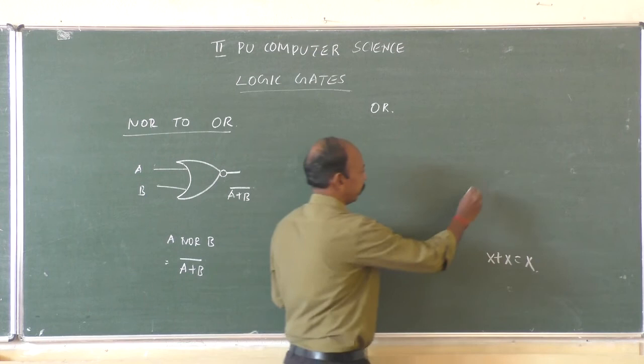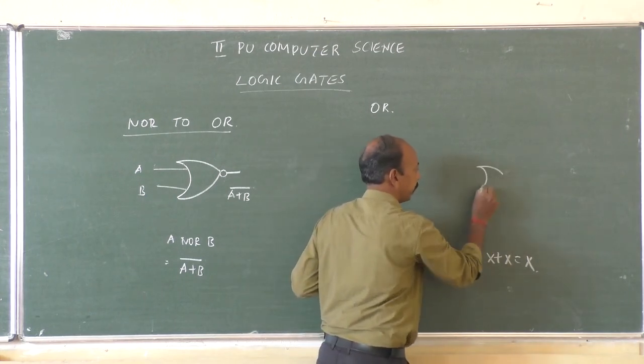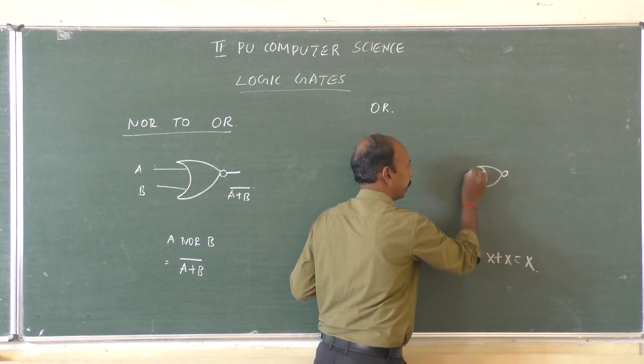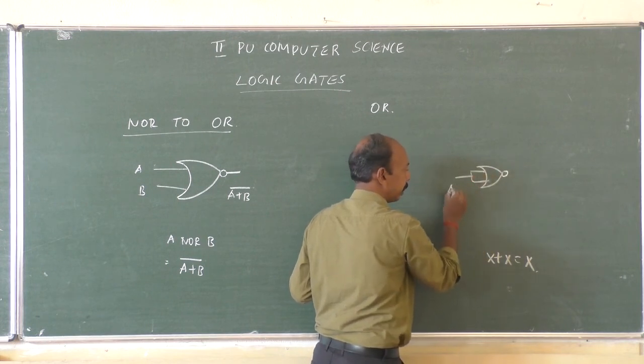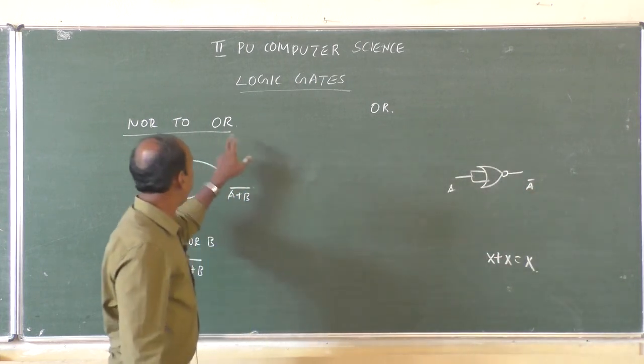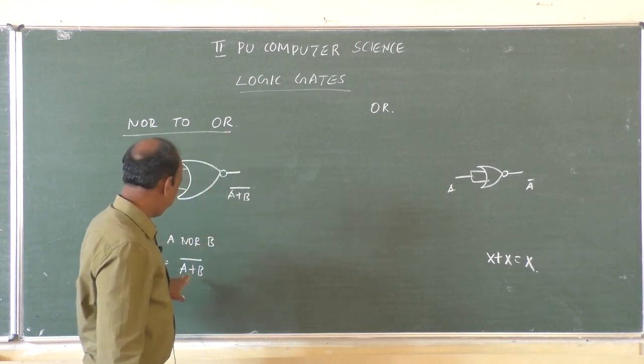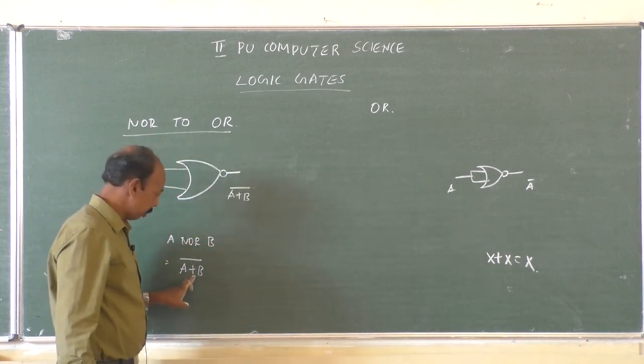Already in the first one of the results we have seen using NOR gate, whenever we are feeding the same input A, we are going to get A bar. What we have to get is OR, right? What we have is OR which is complemented.